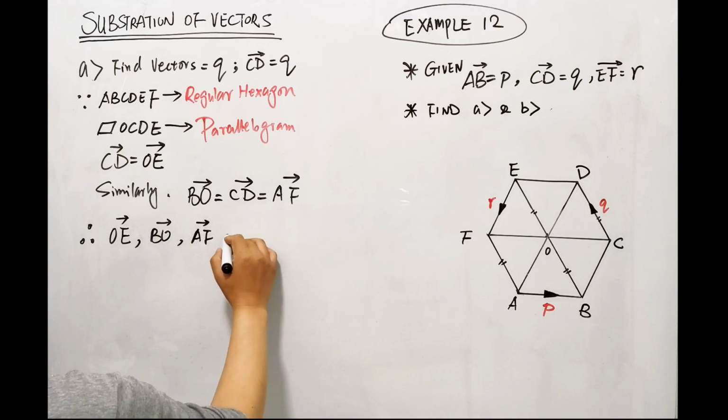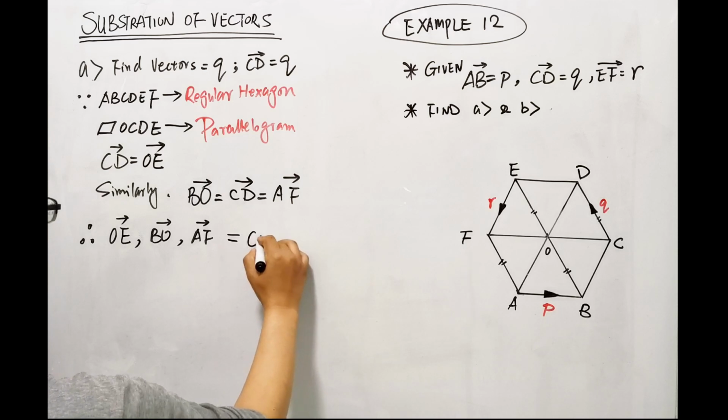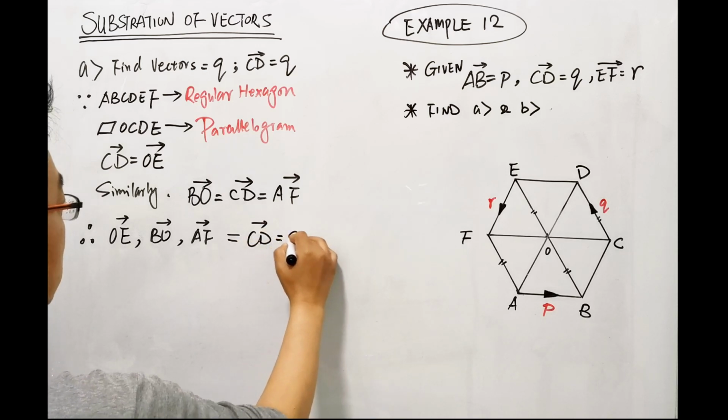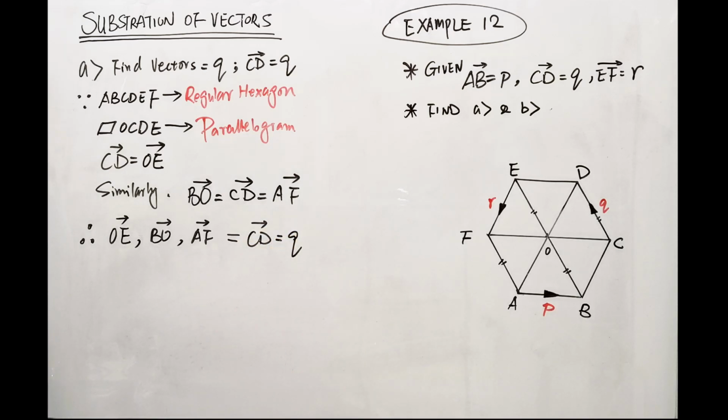So OE, BO, and AF are all equal to CD. They are also equal to Q. So this is the answer.